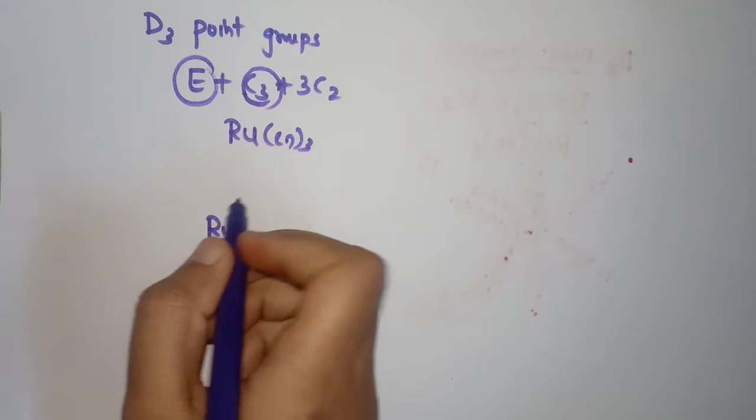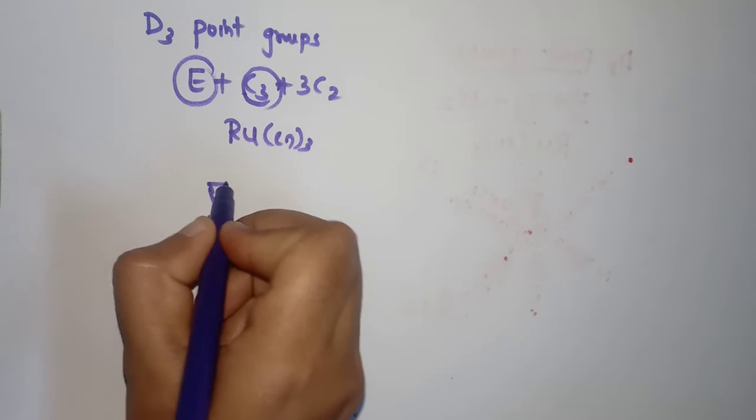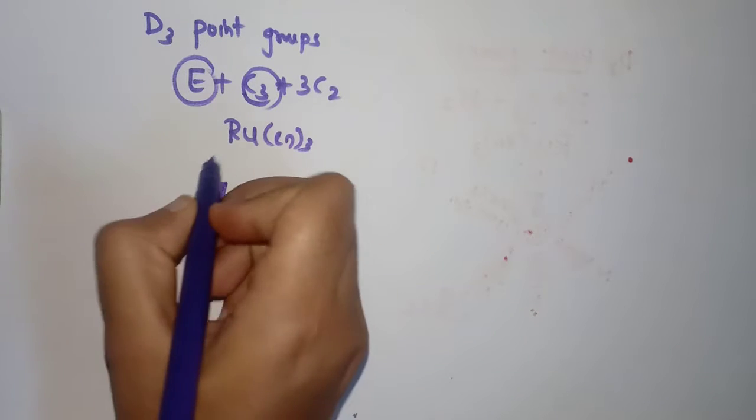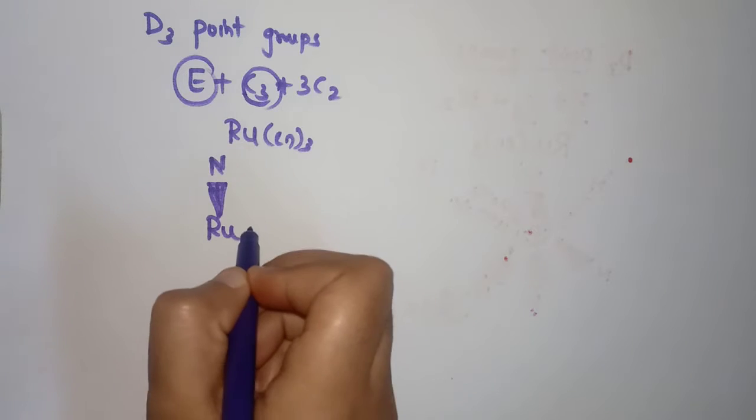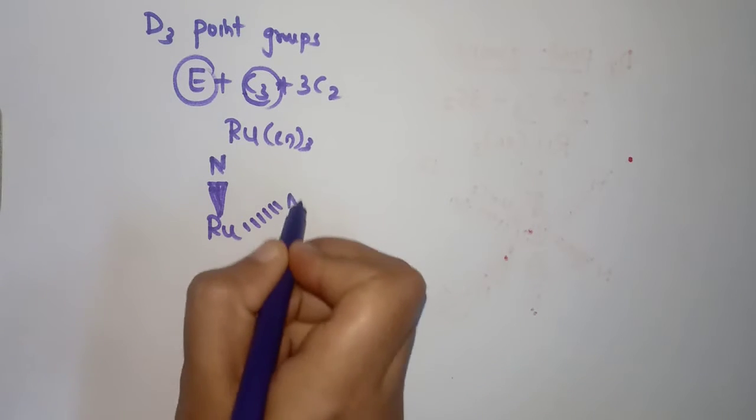For this Ru(en)3, let's draw the structure of this. This is a very complex structure, that's why I am only showing the nitrogen atoms here.